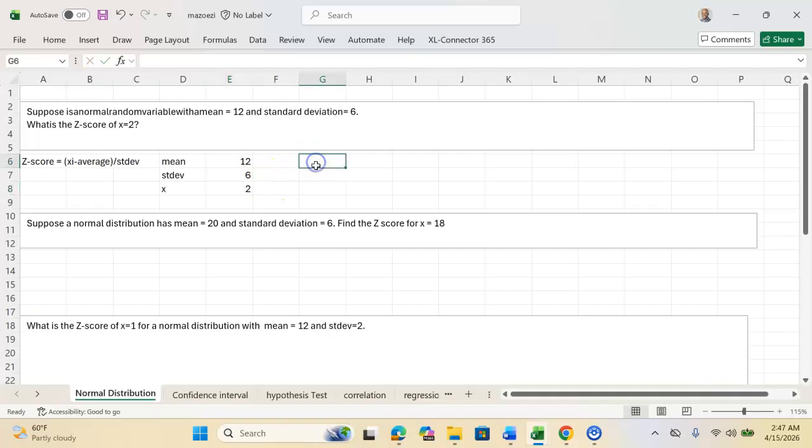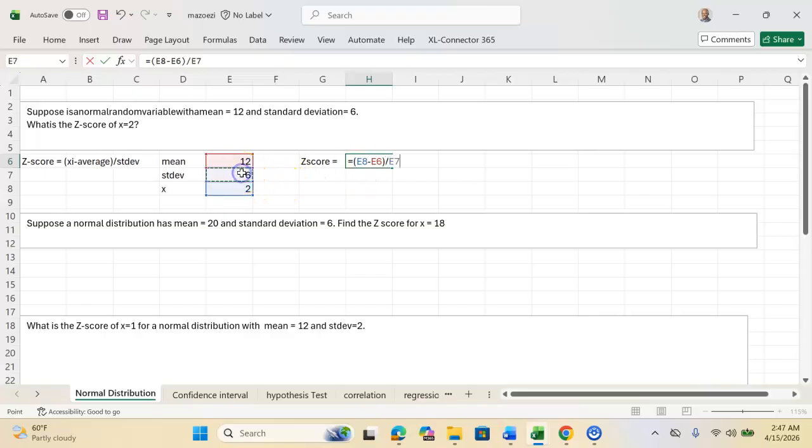To find the z-score, put an equal sign, and we take x minus the average, so it is 2 minus 12, close the bracket, and then divide by the standard deviation.